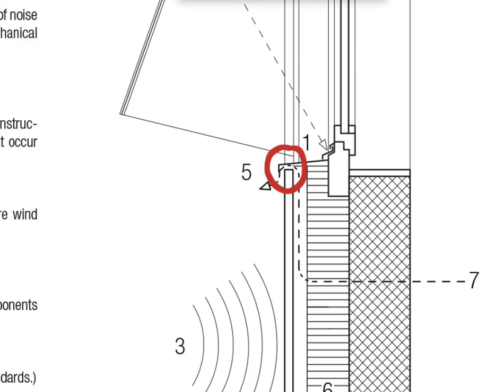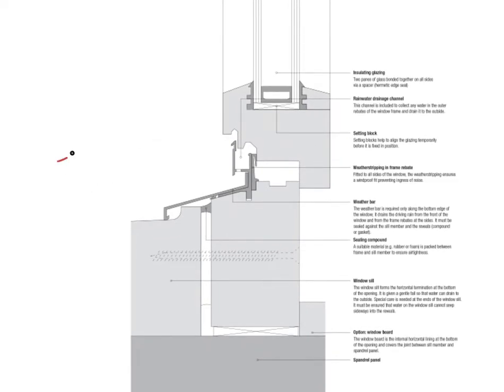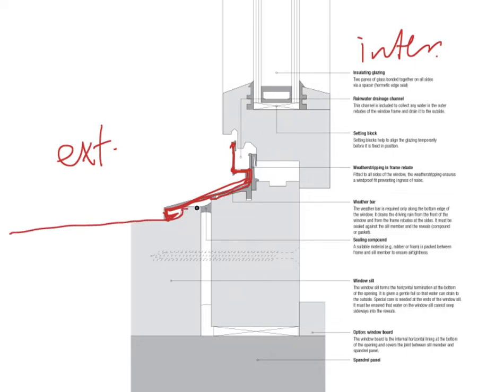And just to quickly go back to the slightly bigger detail again, we can see that here, that one would be the exterior, interior here. We see that weather bank, depending on your manufacturer, they always look a bit different. This one is a metal piece that's bent into shape, and then here only partly we can see it.